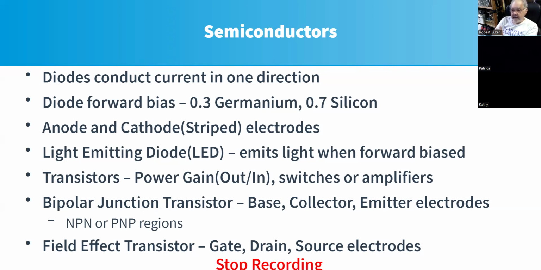The basic difference is it will conduct current like a diode, except the middle layer, called the gate or the base, depending on whether it's a bipolar or field effect, will control the current flow. Whereas in a diode, once you exceed the bias, it's going to conduct.